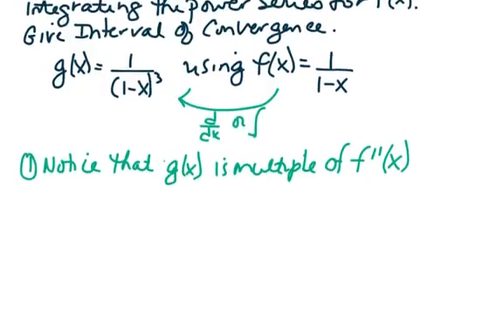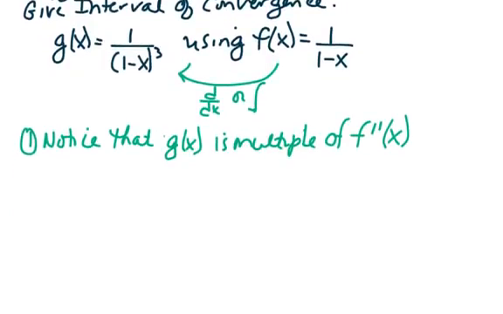So let's look at that. f of x is equal to, I'm going to rewrite it in terms of a negative exponent. That's f of x.